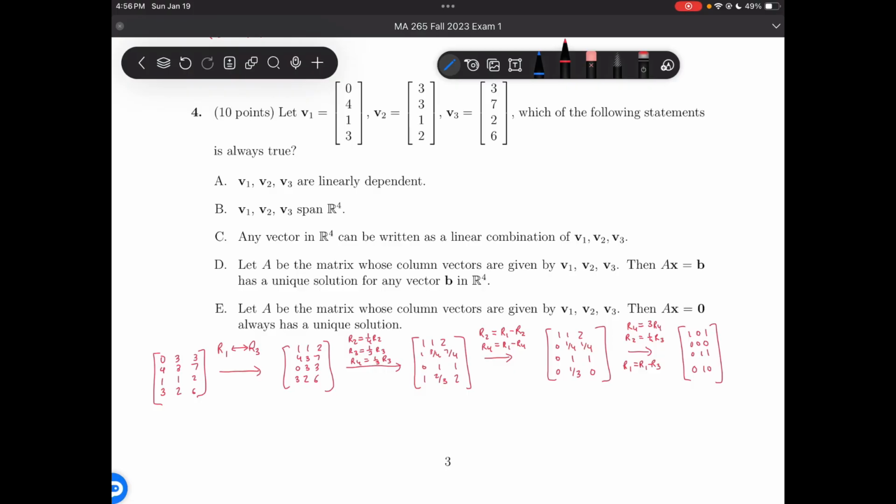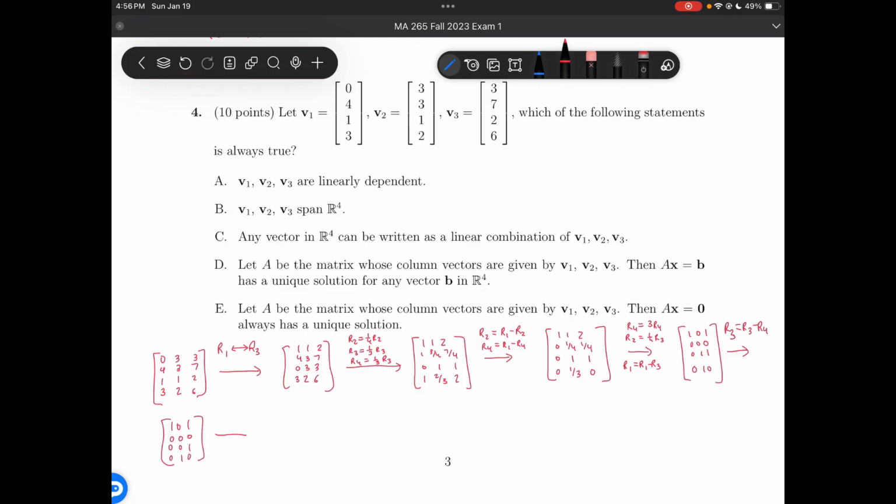Okay, and then I will subtract row 4 from row 3, and then I end up with 1, 0, 1, 0, 0, 0, 0, 0, 1, 0, 1, 0.